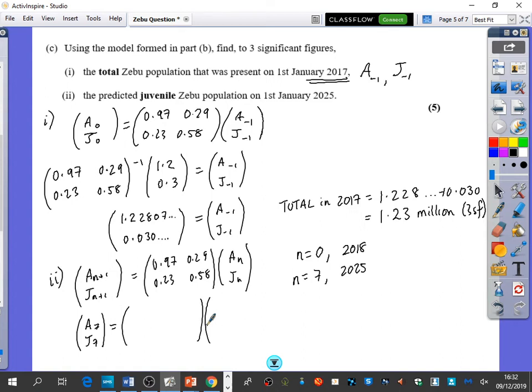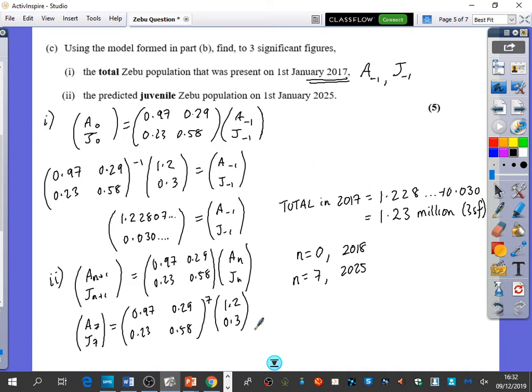So if I'm going to be applying the matrix to the original population 7 times, I could either do it answer, answer, answer, or I could say I'm going to apply this matrix 0.97, 0.29, 0.23, 0.58. I am going to apply it 7 times to 1.2, 0.3.